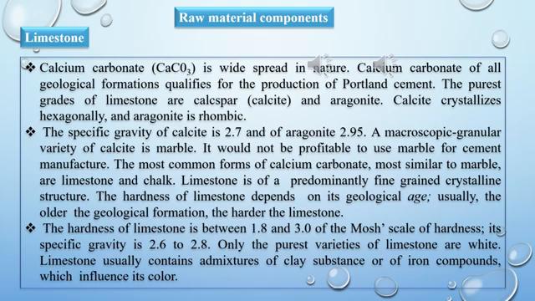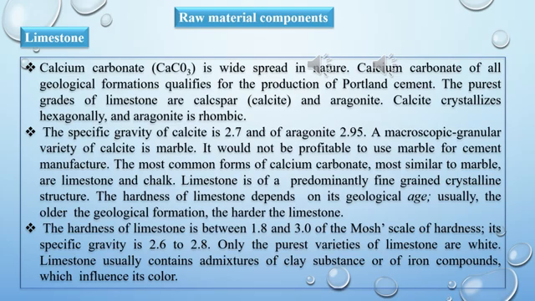The crystalline forms of calcium carbonate which are being used are limestone and chalk. The hardness of limestone depends upon its geological age. Usually, the older the geological formation, the harder the limestone.